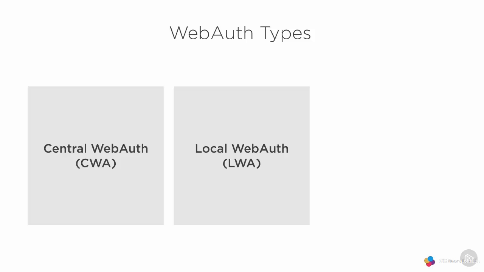And so they would have to run a local web server to be able to deliver up that authentication page. Now, another thing to mention about local web authentication is you would have to configure that on all of your switches that would have clients connected, or you would have to configure that on all of your controllers that are going to have clients connected. And so this adds to the workload, so to speak. Well, it really does add to the workload.